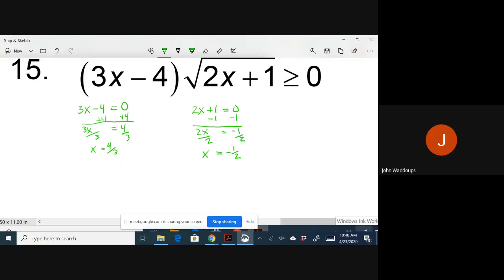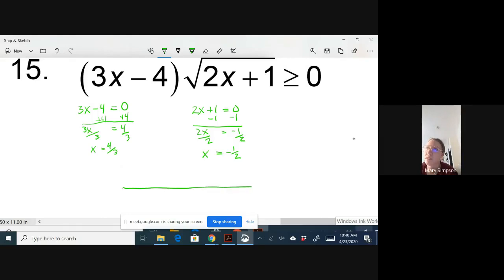And then we're going to go and graph this. Make a number line here. There's negative 1/2 first to the left. I'm going to put 0 in here just for reference, and then 4/3.